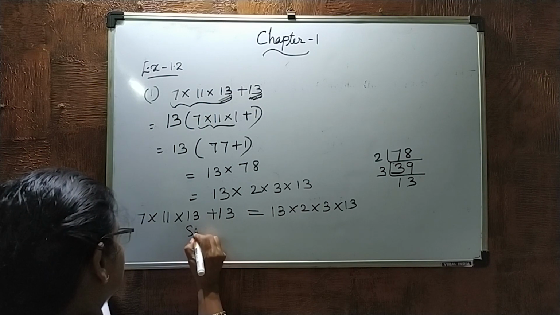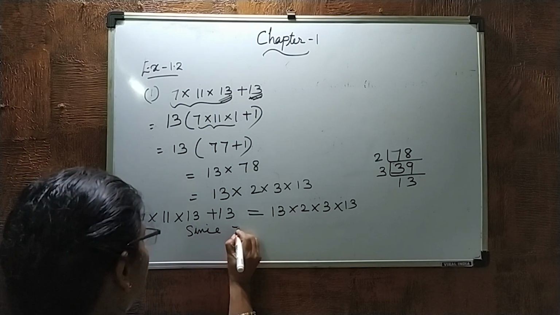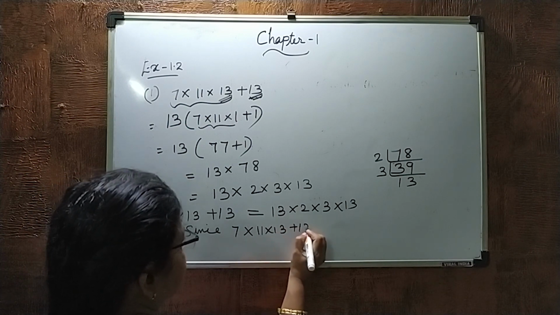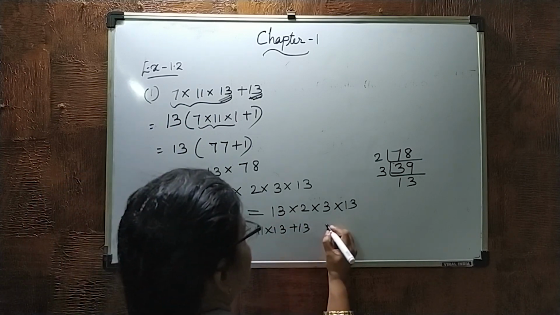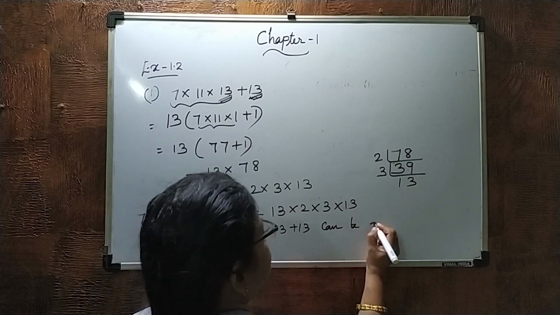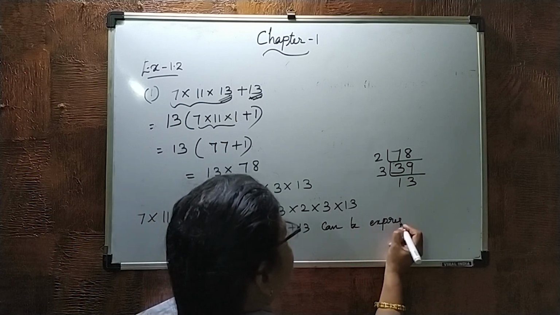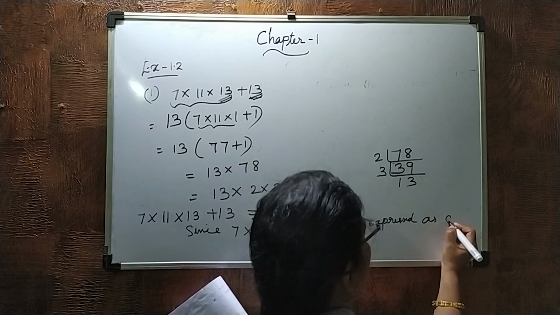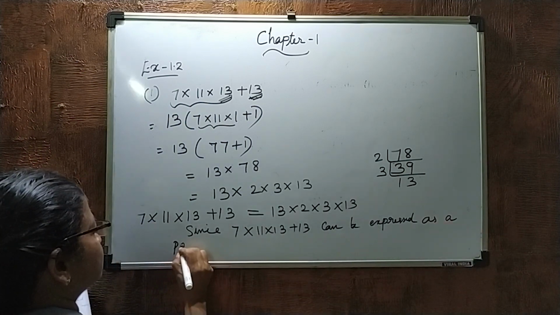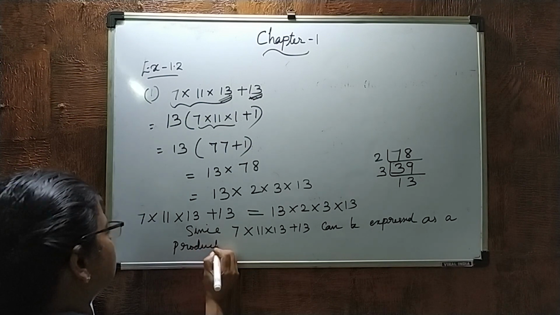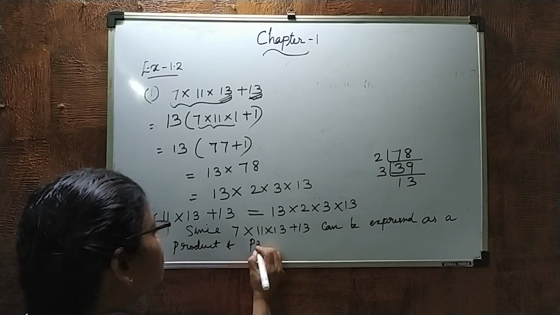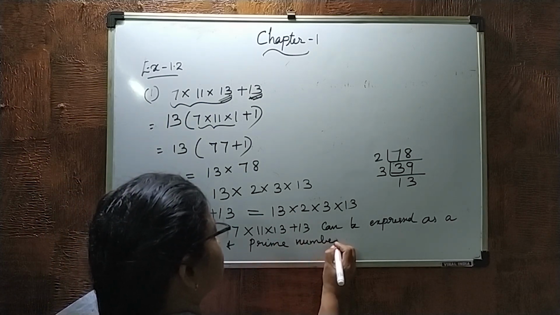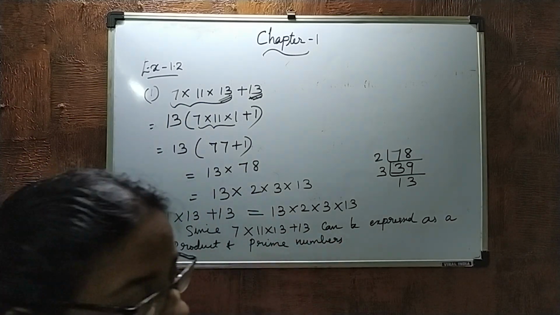Since 7 into 11 into 13 plus 13 can be expressed as a product of prime numbers, it is by the fundamental theorem of arithmetic.